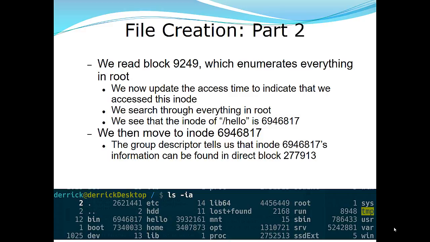Okay, and you can see that below. We then move to inode 694.6817. The group descriptor tells us that inode 694.6817's information can be found in direct block 277913.